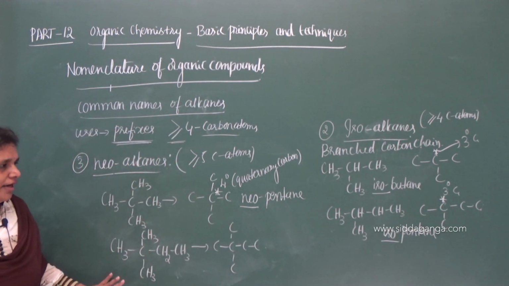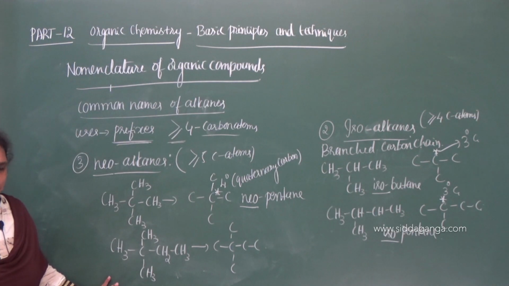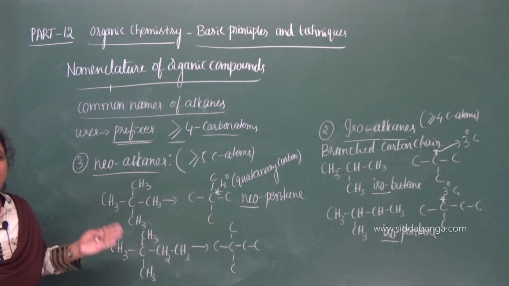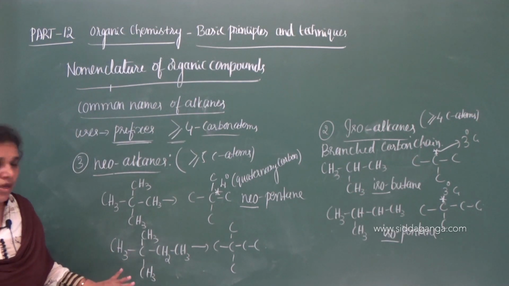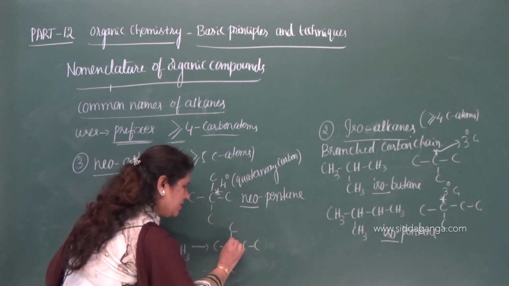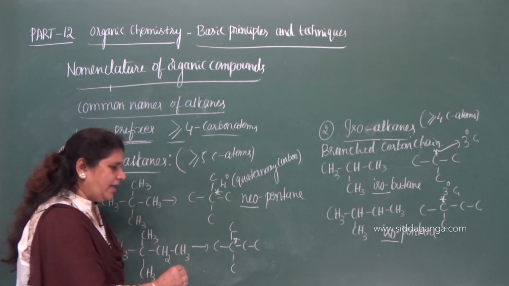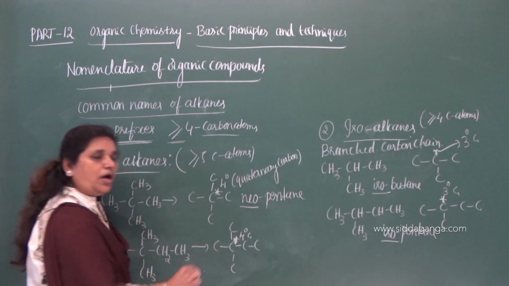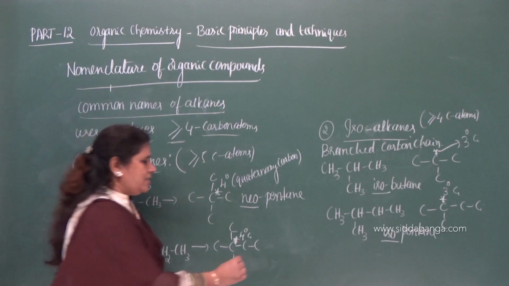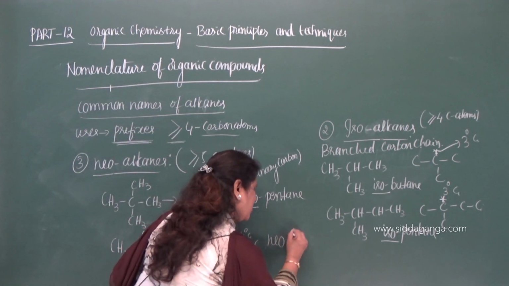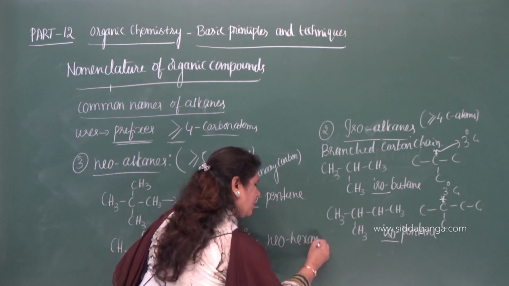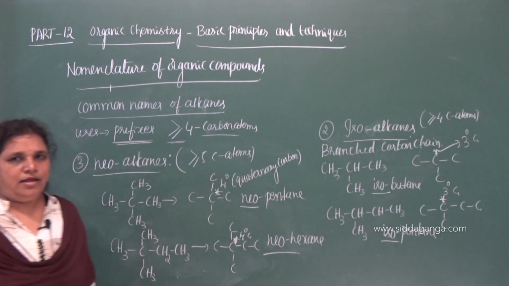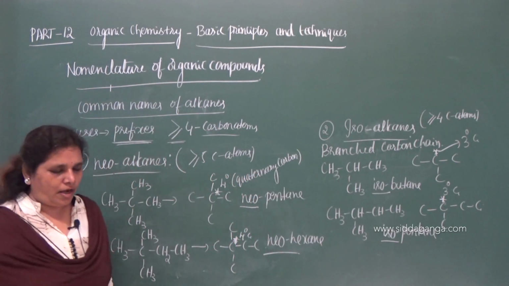The alkane containing 6 carbon atoms is named hexane, but it is a neohexane. Why is it neohexane? Because it contains one 4-degree carbon, a quaternary carbon. Hence the name of this compound is neohexane. Neohexane.